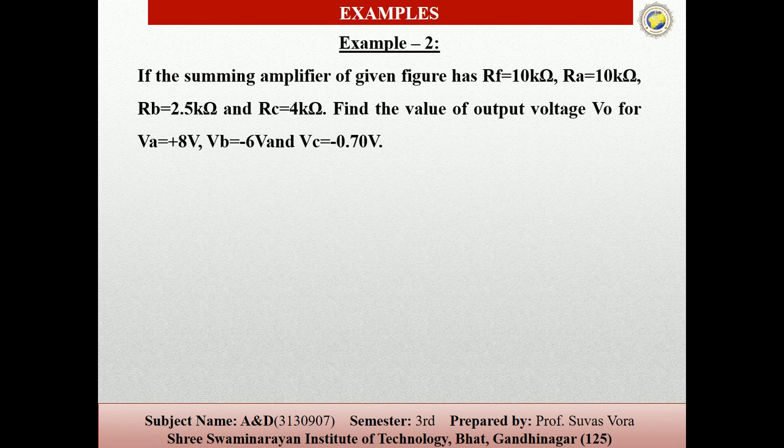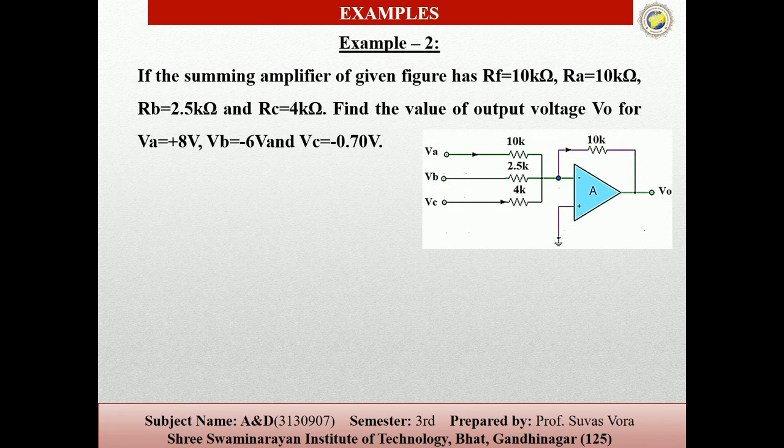So we can see another example. For the summing amplifier given in the figure, RF is 10 kilo ohms, RA is equal to 10 kilo ohms, RB is 2.5 kilo ohms, and RC is 4 kilo ohms.